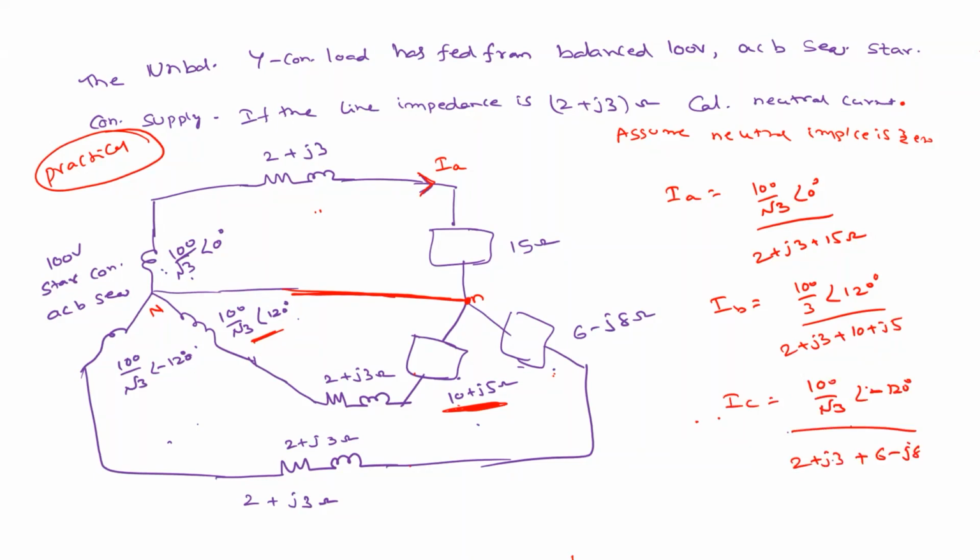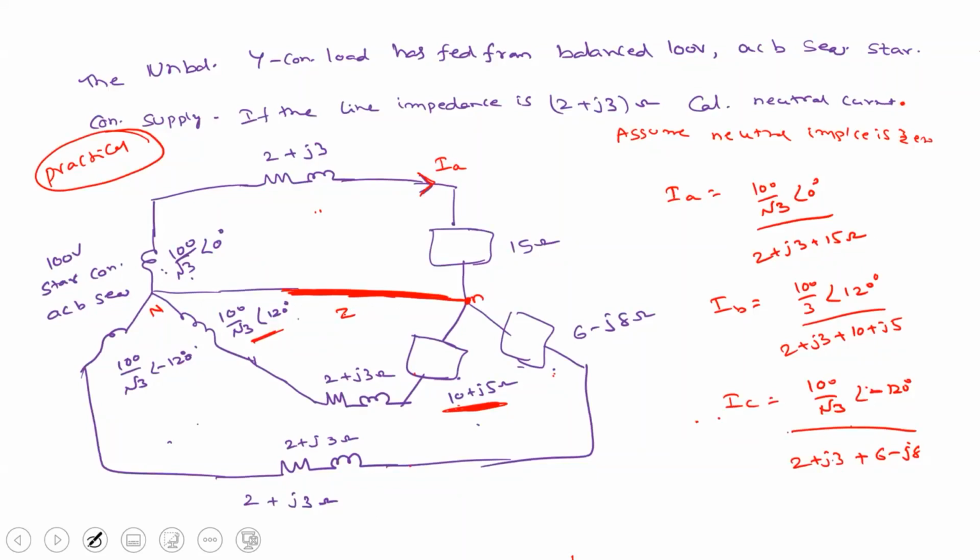Earlier we had a more complex method. Here the assumption is that the neutral wire or neutral conductor resistance is 0. So the neutral voltage in this case is just 0, and there is no point in calculating it.